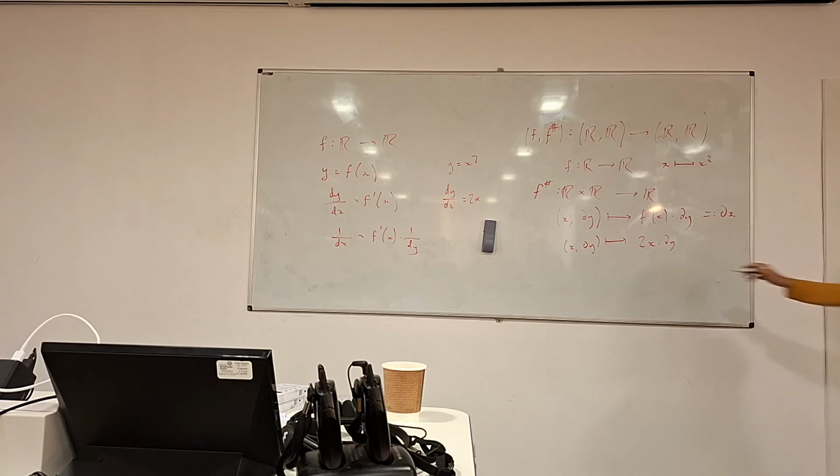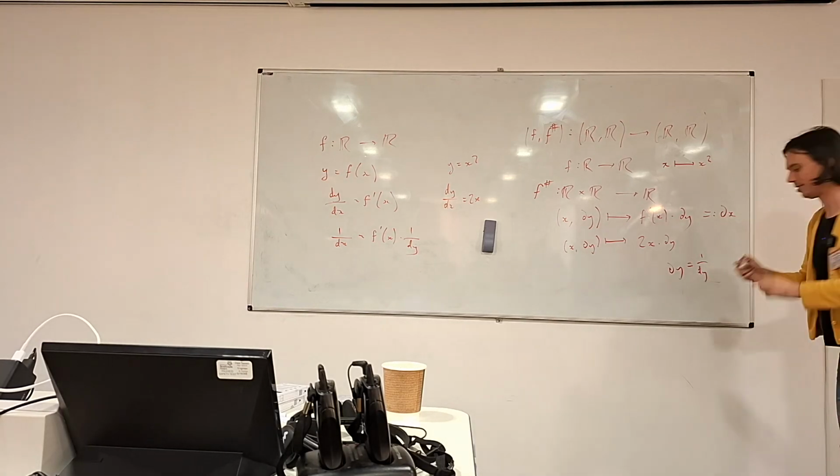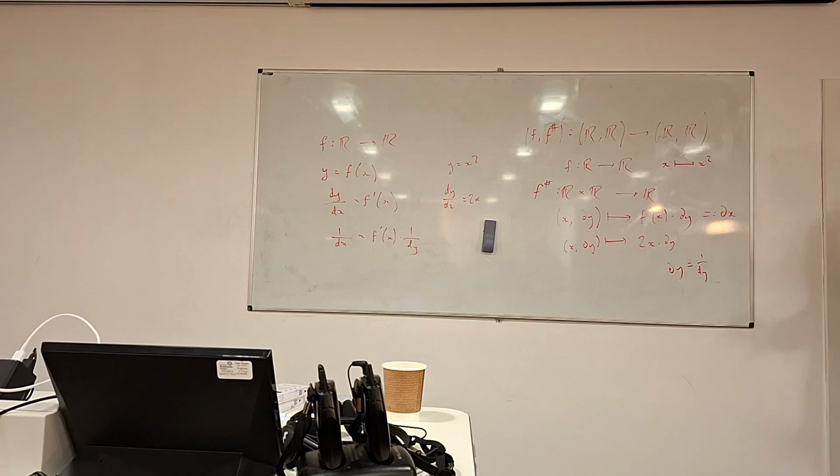Yes, so I'm basically saying that dy means 1 over dy. And actually, I'm also papering over a really subtle point where in machine learning they take the transpose rather than the matrix inverse, because matrix inverse is way too slow.